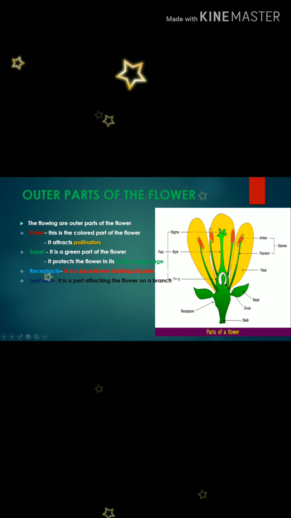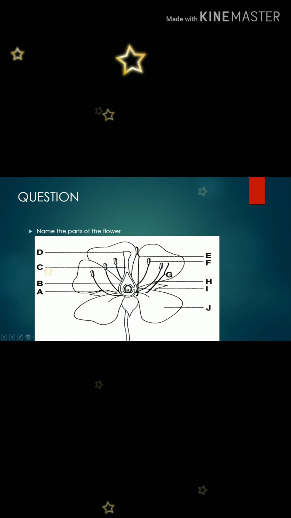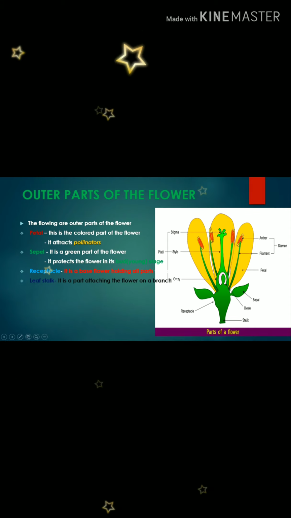But also we have outer parts. The outer parts, number one, we said it is petal. This is the petal and it is colored. Its function is to attract pollinators. We have another part known as sepal, which is the green part of the flower, protecting the flower in its young stage.